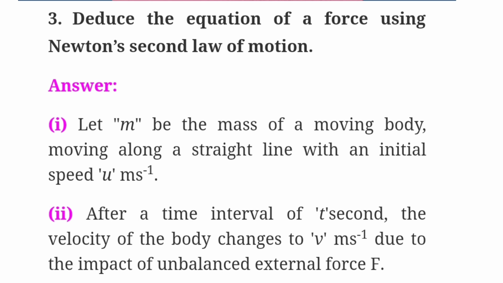Answer, first point, let m be the mass of a body moving along a straight line with an initial speed u m s^-1. Second point, after a time interval of t seconds, the velocity of the body changes to v m s^-1 due to the impact of unbalanced external force F.